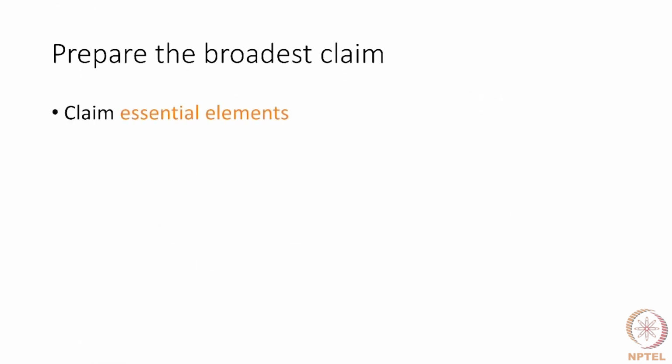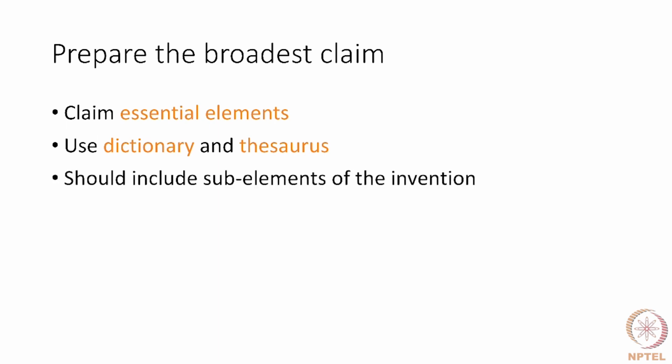Now, in preparing the broadest claim, you would claim the essential elements, the elements that have to be in your independent claim. You would use a dictionary and the thesaurus to expand the meaning of the elements, to get words to expand the scope of the elements. You should include sub-elements of the invention as well. We had seen that there could be an element and the element could have sub-elements.